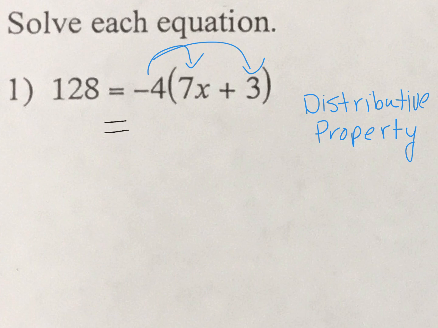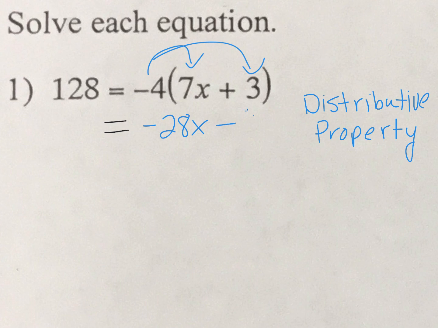So -4 times 7x would be -28x, and then -4 times +3 would be a -12.